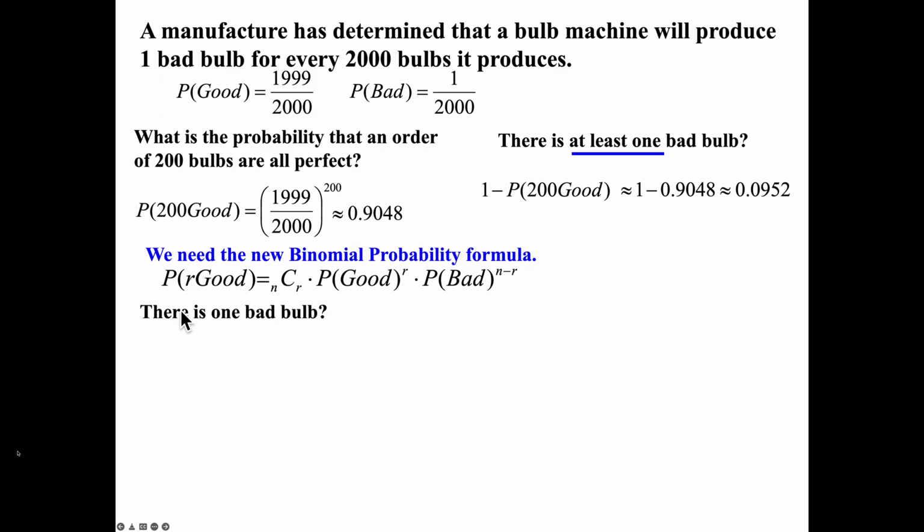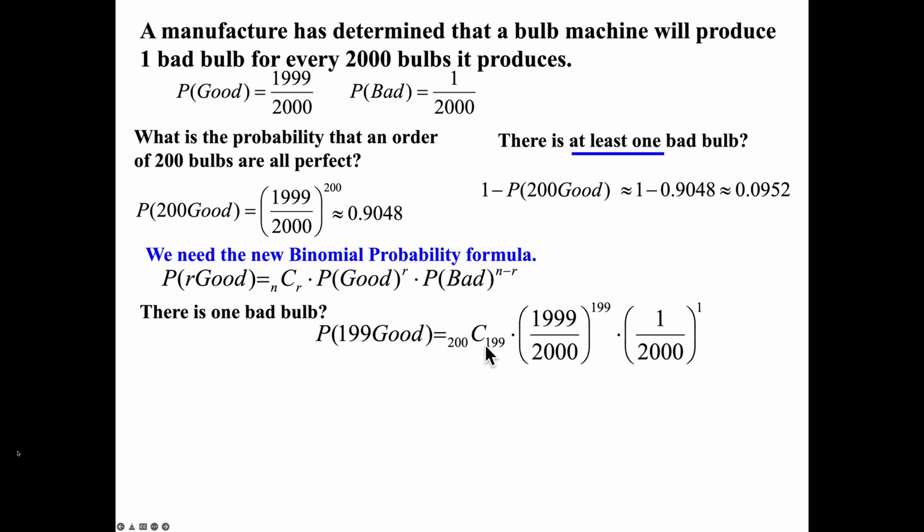So that's going to be 199 good bulbs, and we're going to have 1 bad bulb. So 200 combination 199 good times the probability of good, 1,999 over 2,000, raised to the 199th power, times 1 over 2,000 raised to the first power.